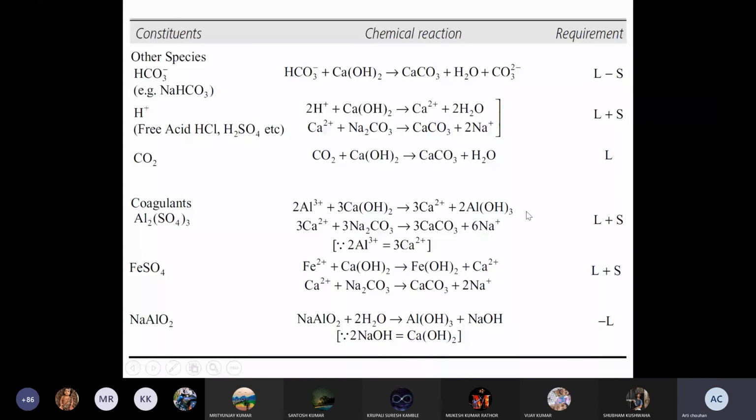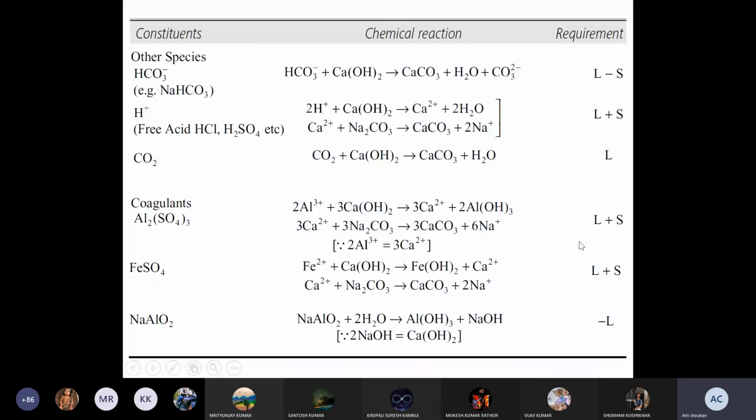In this process, 2 equivalent of the aluminium is equal to 3 equivalent moles of calcium ion. So using that concept, the lime and soda requirement will be L plus S in this step. If the amount of aluminium sulfate coagulant is given in the numerical, then it is used both for the requirement of lime as well as for the soda.